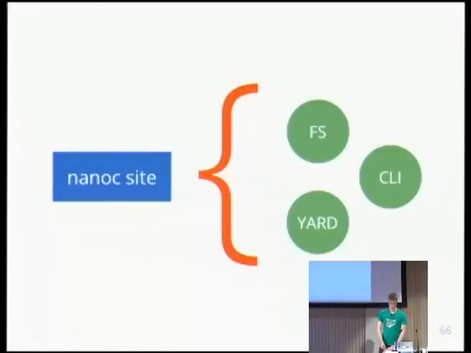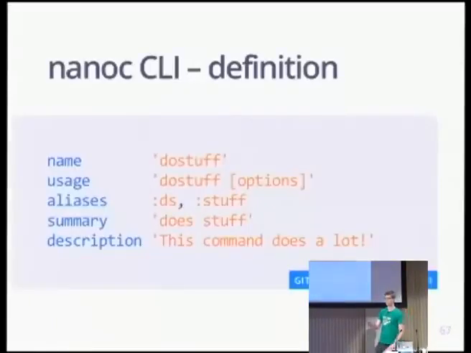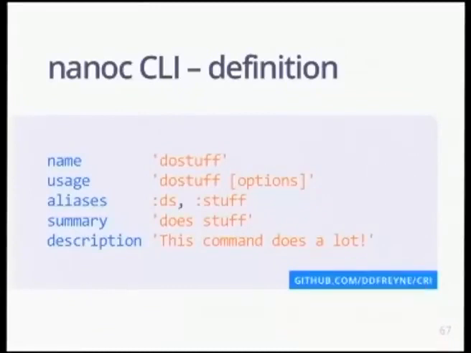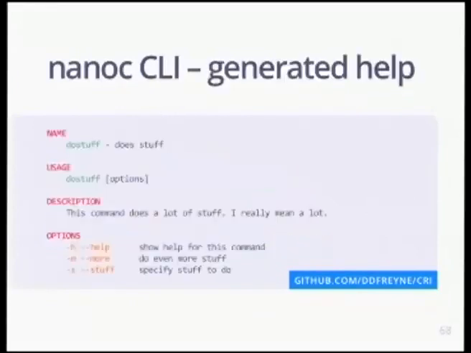Okay, so the Nanoc command line interface is defined using an internal Ruby DSL, like this. The actual commands that you use while using Nanoc on the command line are defined this way. You also have a run block, which is executed when you invoke the command. But this definition is used to, first of all, generate command line help.